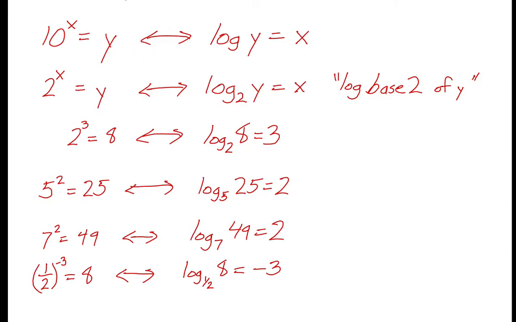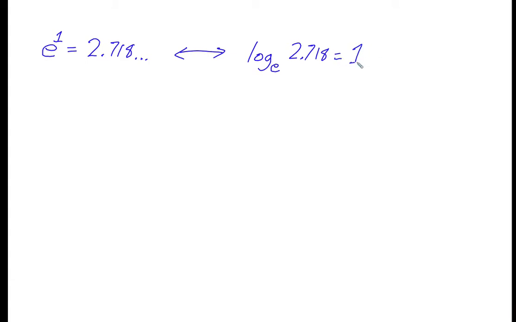Well, there's one more logarithm we should talk about, because one exponential that keeps coming up over and over again is e to the whatever power. e to the 1 is 2.718 with more decimals after it. Well, that would be the log base e of 2.718. The number that e equals is equal to 1.